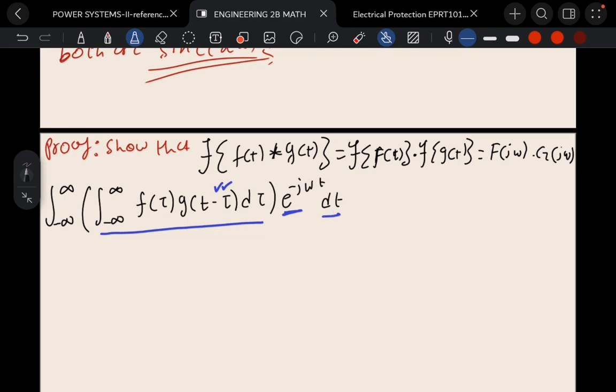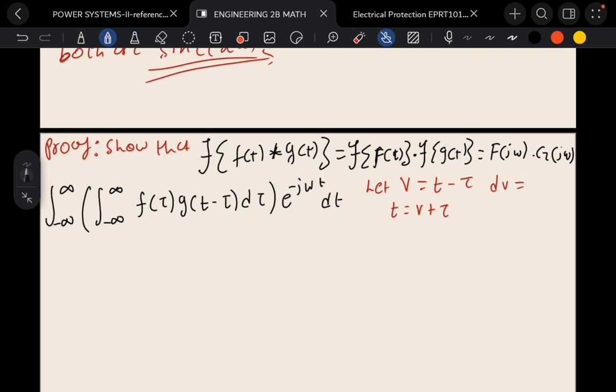So how can we work this through? We are just going to make it very simple by saying let v to be t minus tau, and t will just be v plus tau. In this case, dv is equals to dt, right?